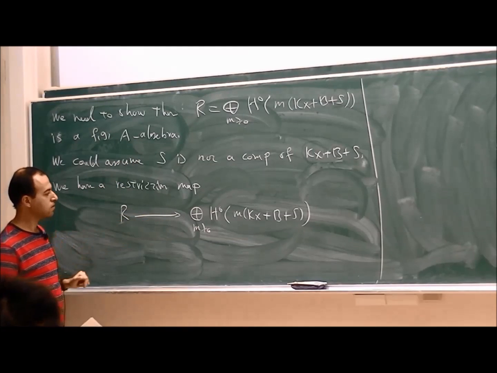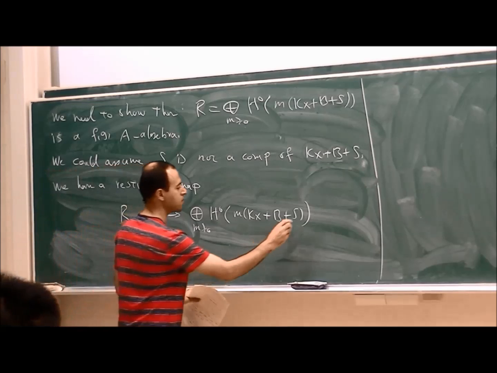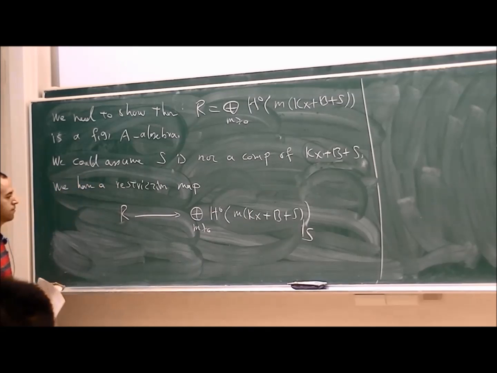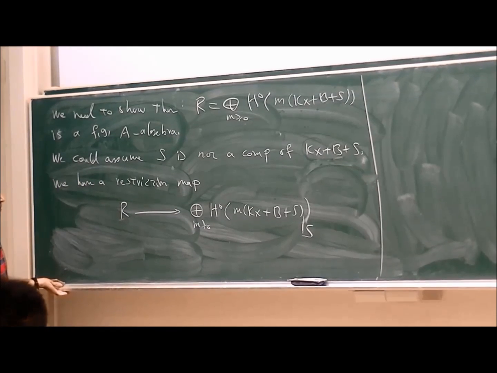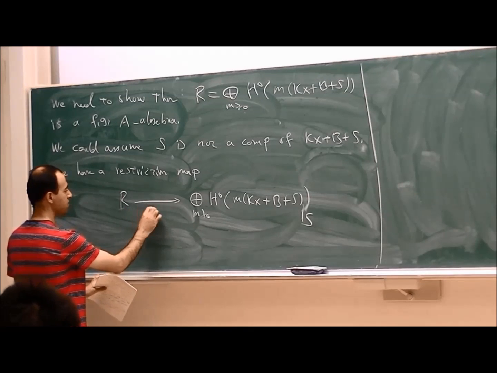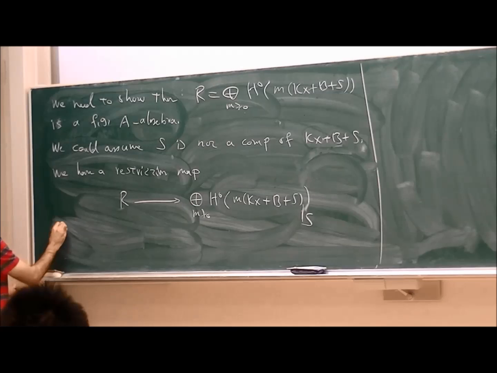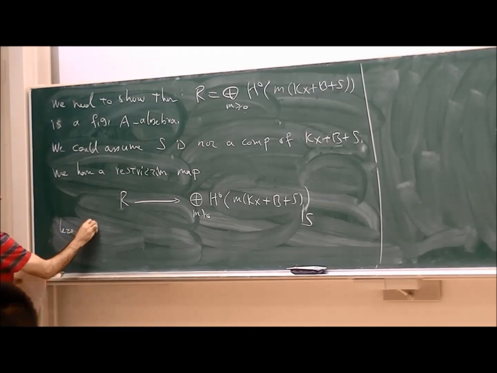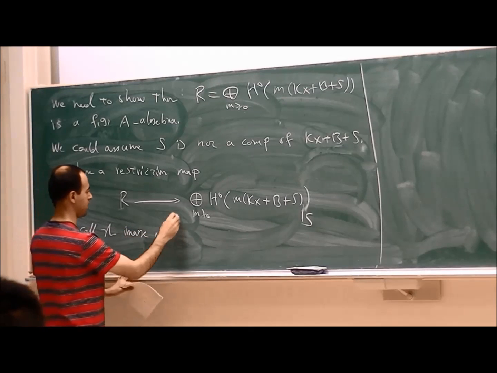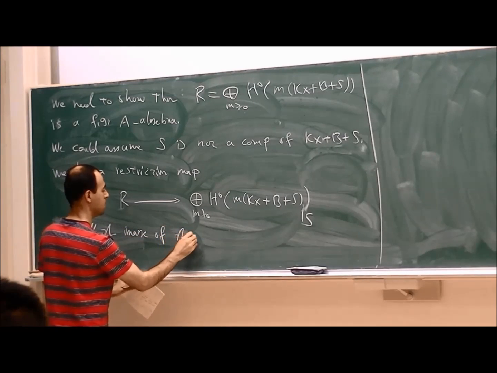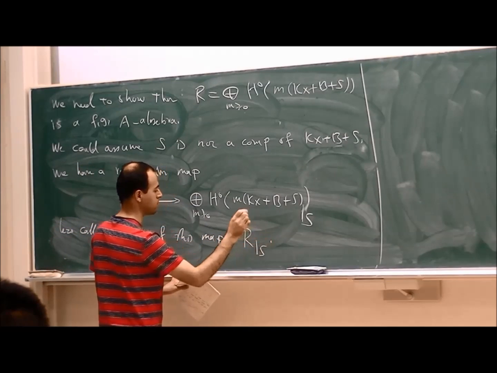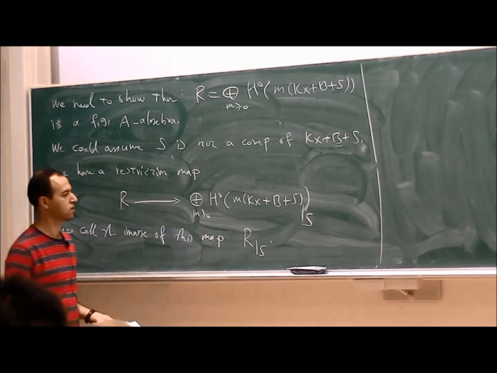So we have a natural restriction map of this form, and this guy is now on S. Let's call the image of this map R restricted to S.